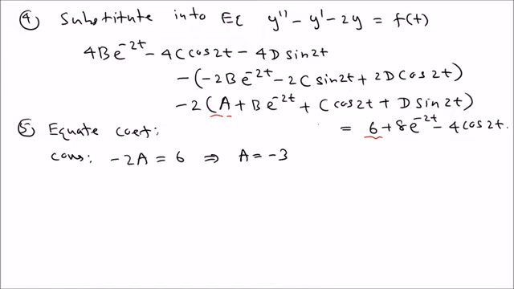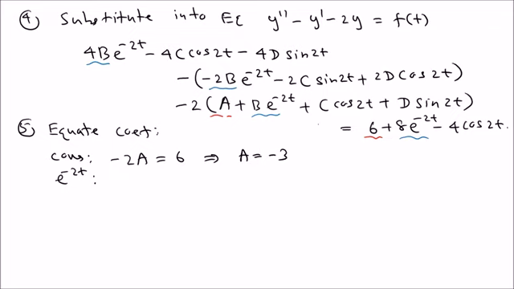Same thing. Let's go to the exponential function next, e to the negative 2t. So we equate the coefficient of that. That's also a linearly independent term. So you can see we have that e to the negative 2t, and then we have this one, and we have that one, and on the other side we have this. So 3 on this side, 1 on the other side.